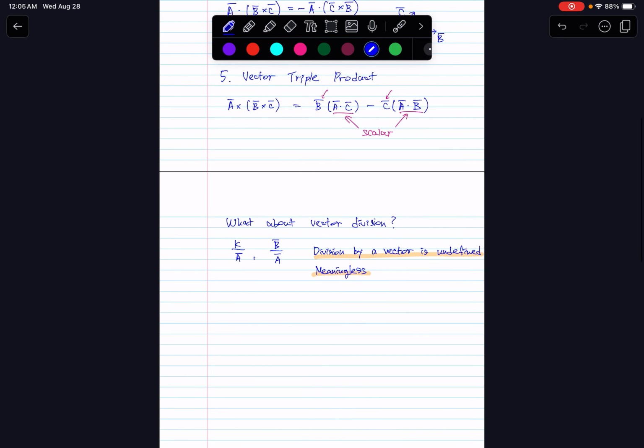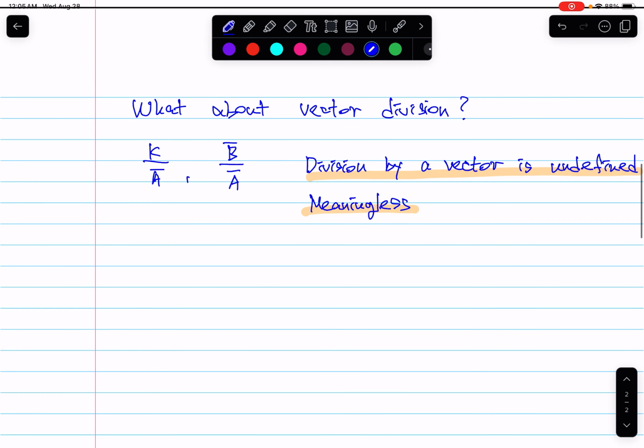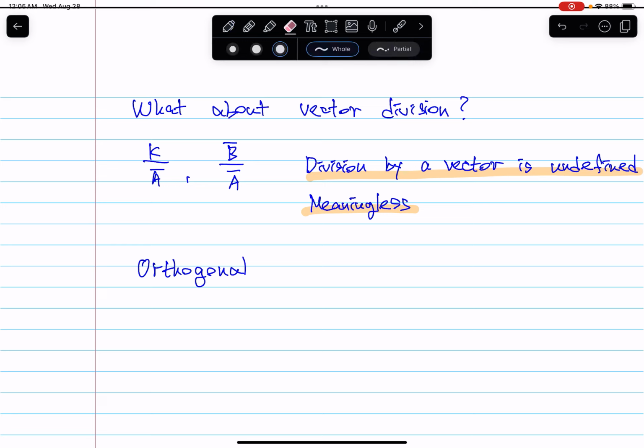All right. So we're going to now talk about the coordinate systems, and we're going to work on orthogonal coordinate systems. So let me write that down. Okay, orthogonal coordinate systems.